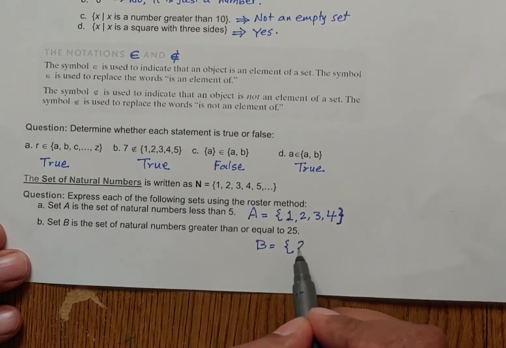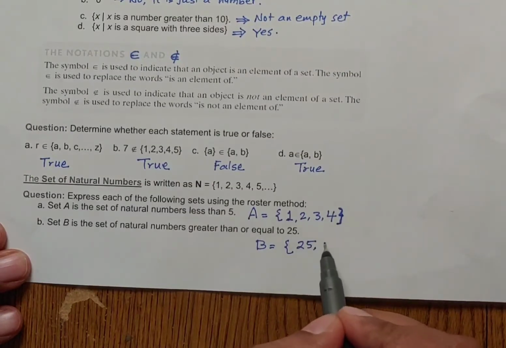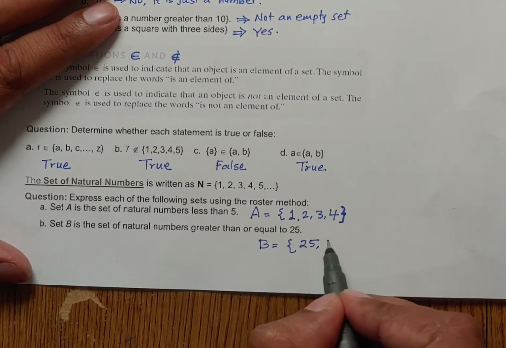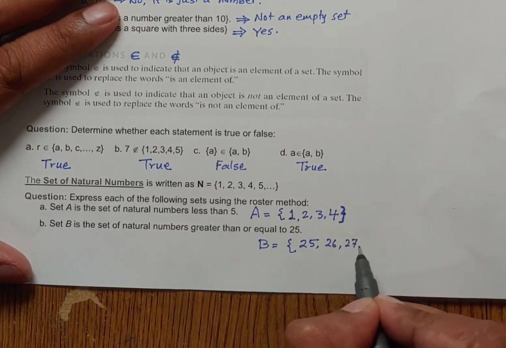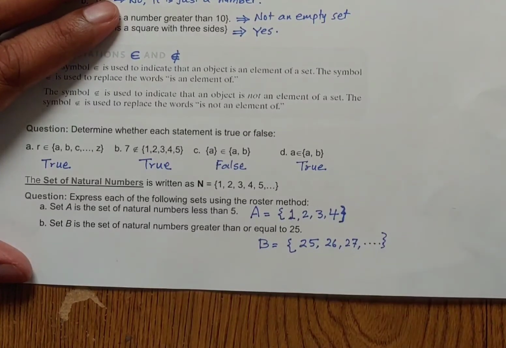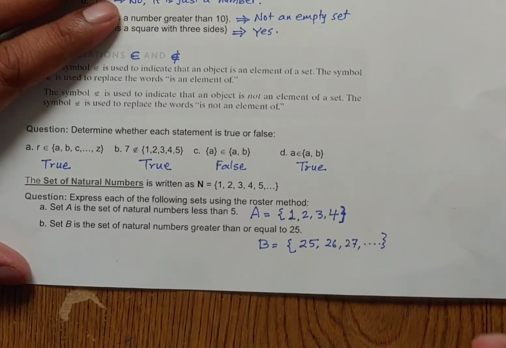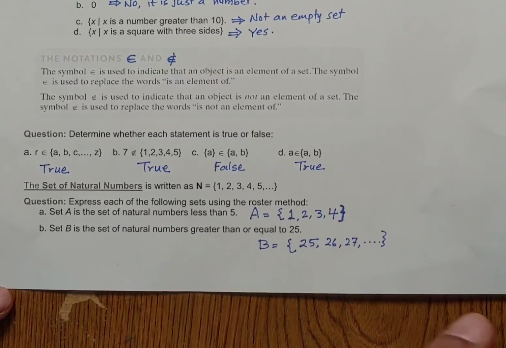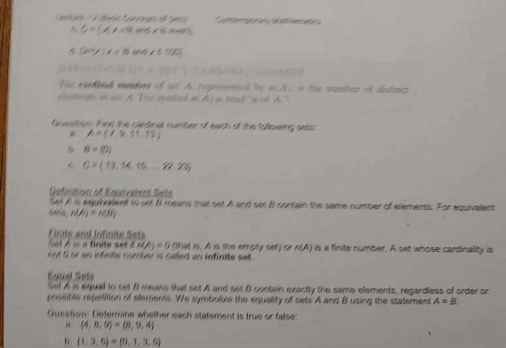So it starts with 25, because it says greater than or equal to, so we start with 25, 26, 27, and so on. Because it says greater than, it keeps going, right? So this is the set B. Okay, let's go to the next page.